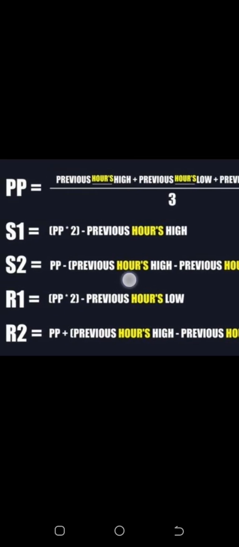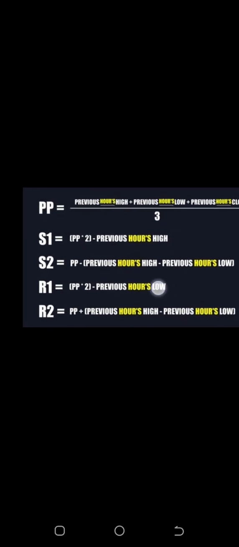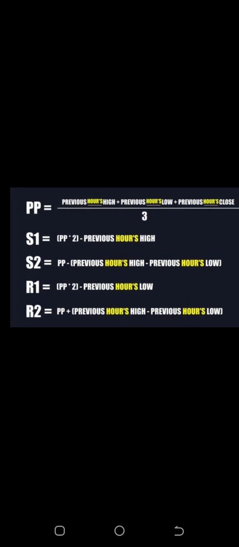This is the calculation; you can screenshot it. So the S1 is the pivot point times 2 minus the previous high. The previous high, as I told you, can be an hour, 4 hour, 1 day, 1 week, 1 month, depending on the type of trader you are.